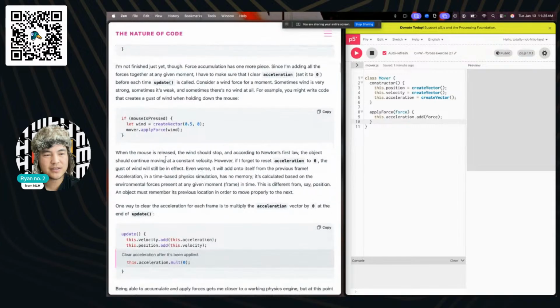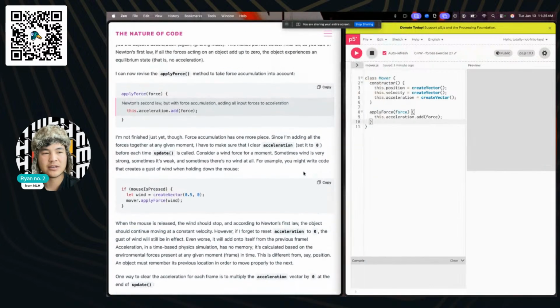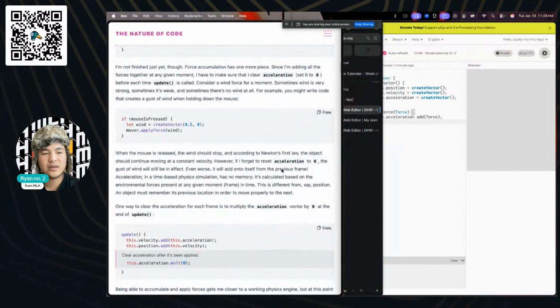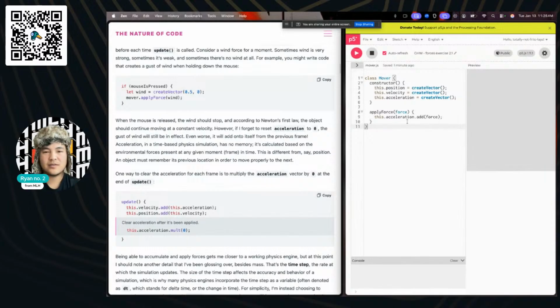So in this scenario, it looks like we're trying to add wind to a trigger such as the mouse. So let's go ahead and add in an update function.